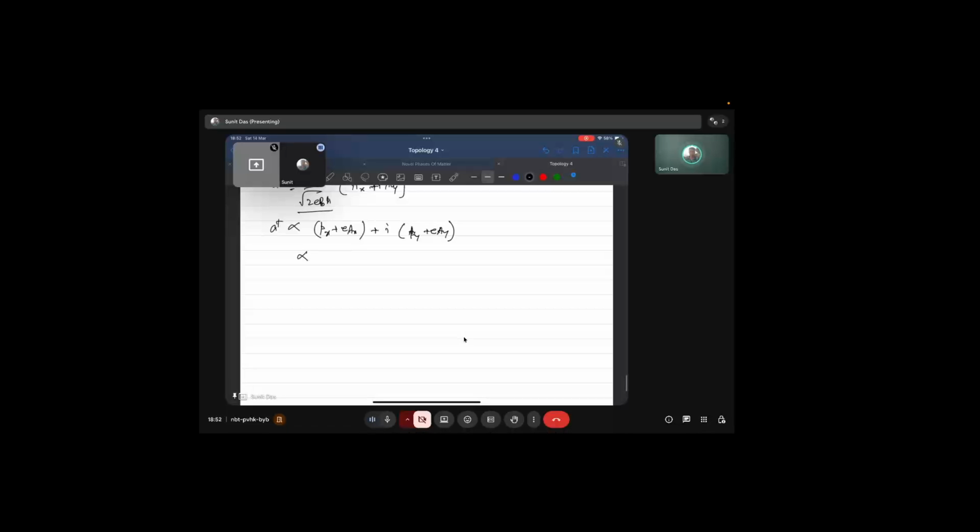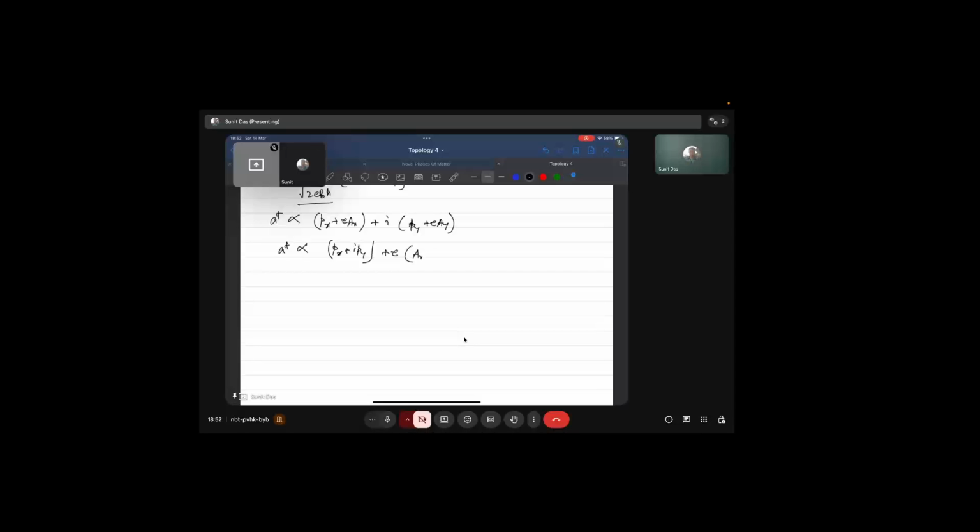Now you can rearrange this and rewrite A dagger as px plus i py, plus Ax plus i Ay.